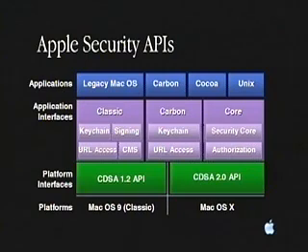And 2.0 allows us to be a lot more flexible with things like access control, which I'll get into in a moment. So if you are one of those types of applications on the top layer there, you'll use the APIs that are available. For example, Carbon applications can use Carbon.